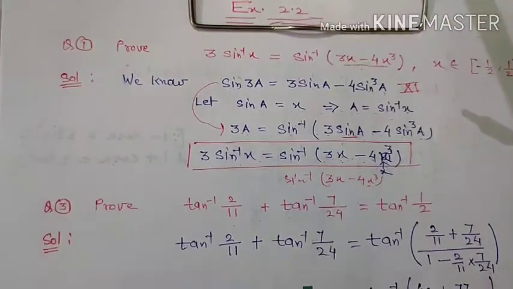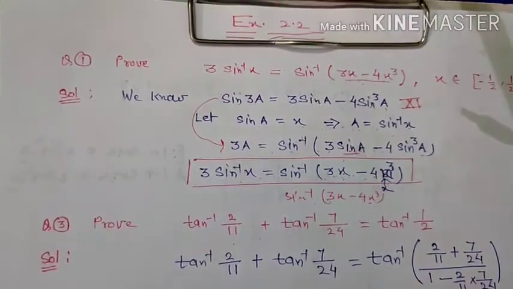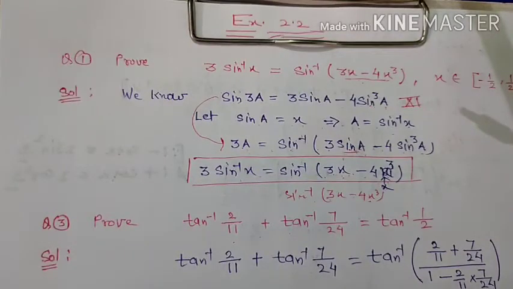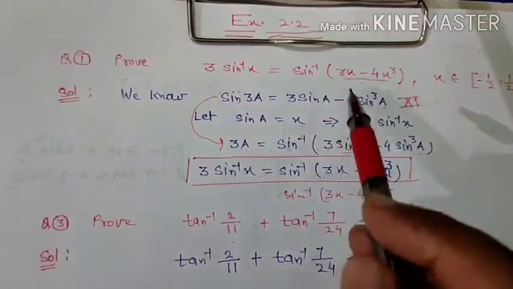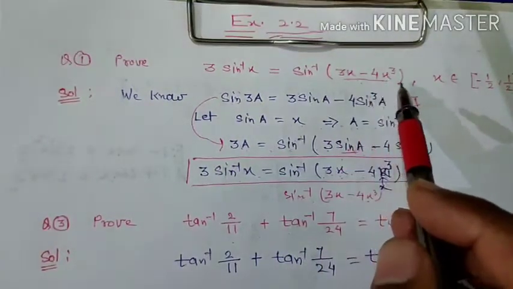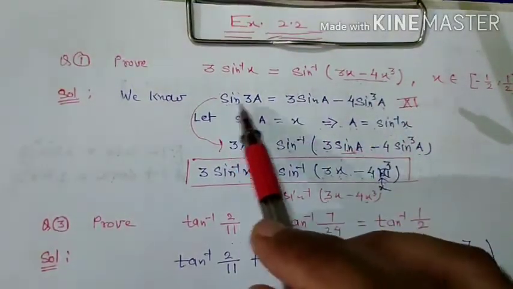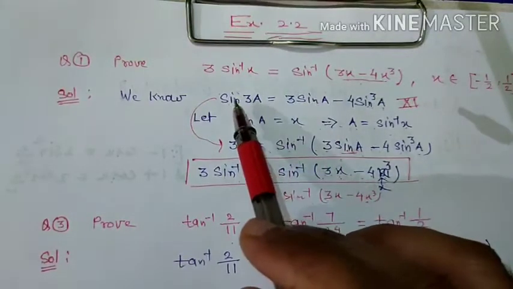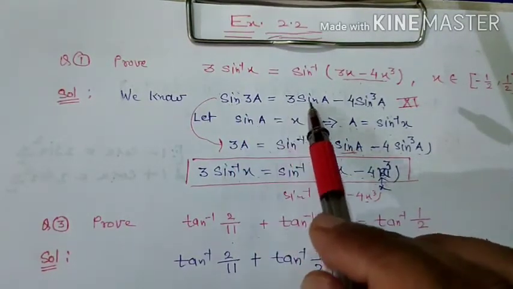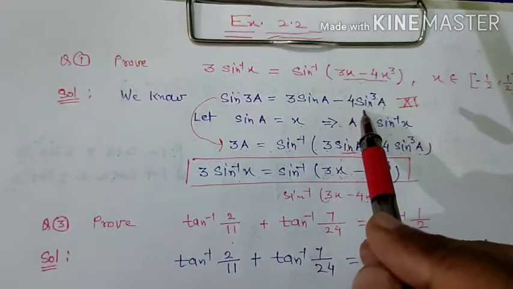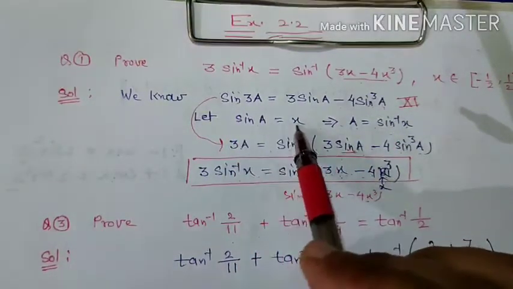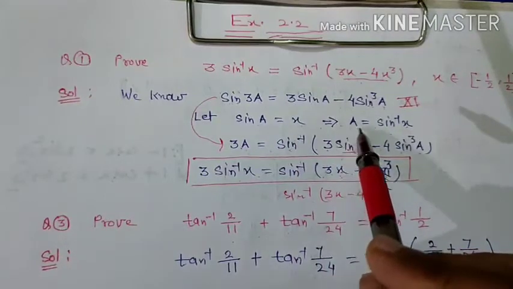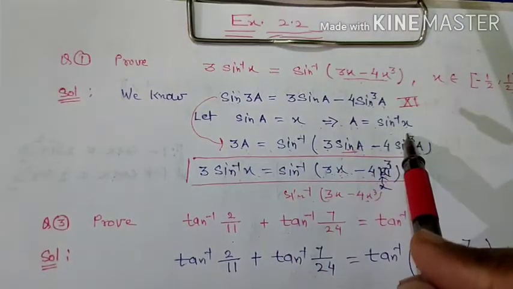Prove sine inverse x equals sine inverse of 3x minus 4x cube. Here we just have to observe 3x minus 4x cube. This is a formula of sine 3a: sine 3a equals 3 sine a minus 4 sine cube a. Now we can say sine a is x, which implies a equals sine inverse x.